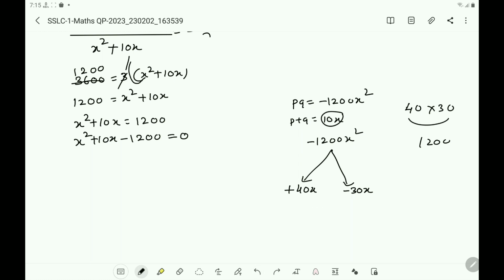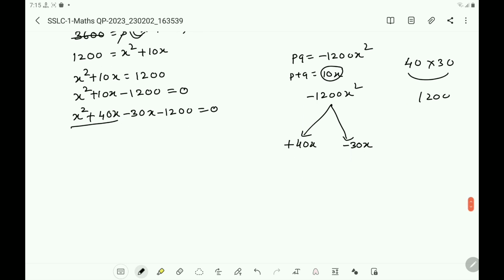Now you write the first term as it is, x square, and in the place of 10x you write 40x minus 30x minus 1200, which equals 0.